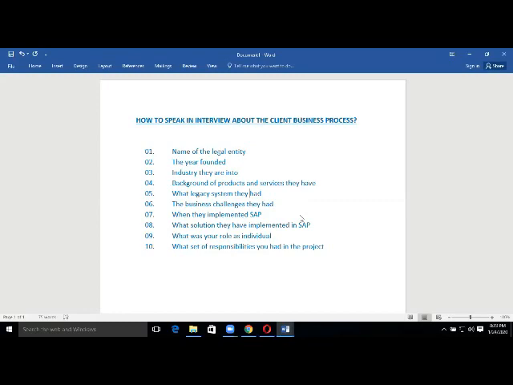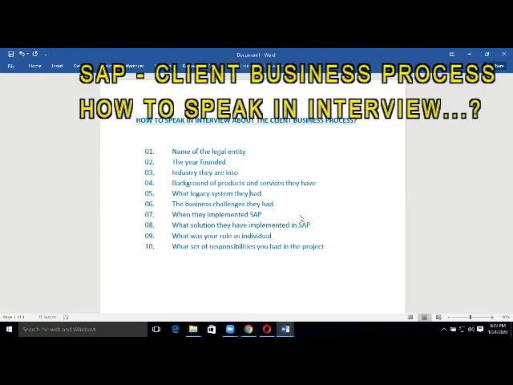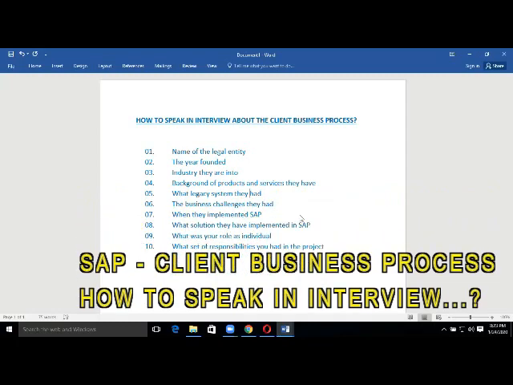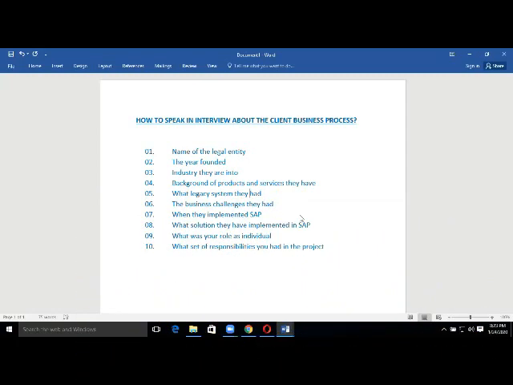Yes. So if you have to understand the client business process, what are the key points you should highlight? When it comes to any business entity or any client or customer organization, tomorrow you implement SAP, you have to understand the background of that organization, right? You have to understand the enterprise structure, the master data structure, and the business processes they have.